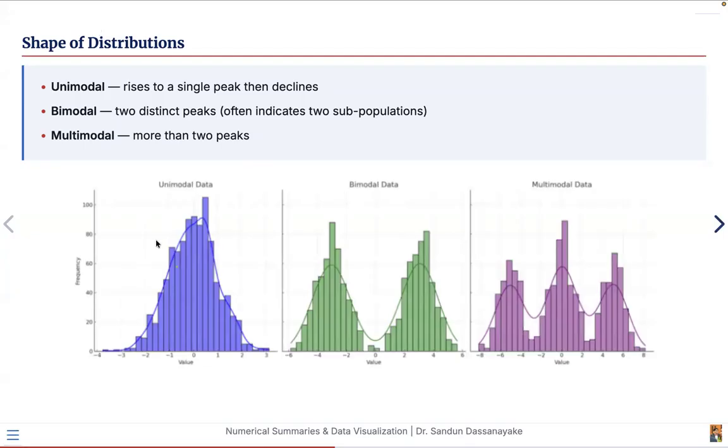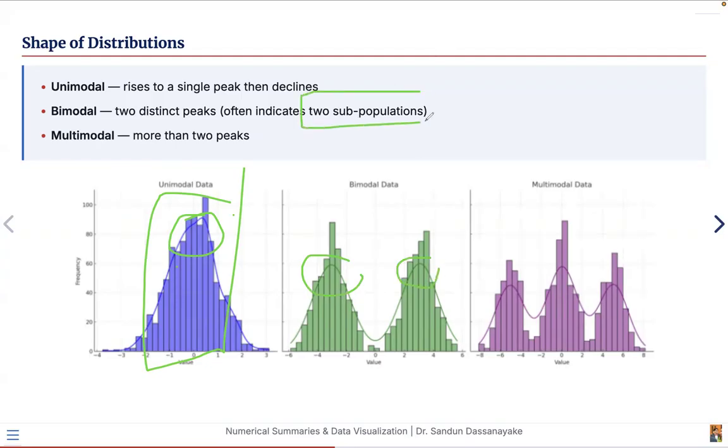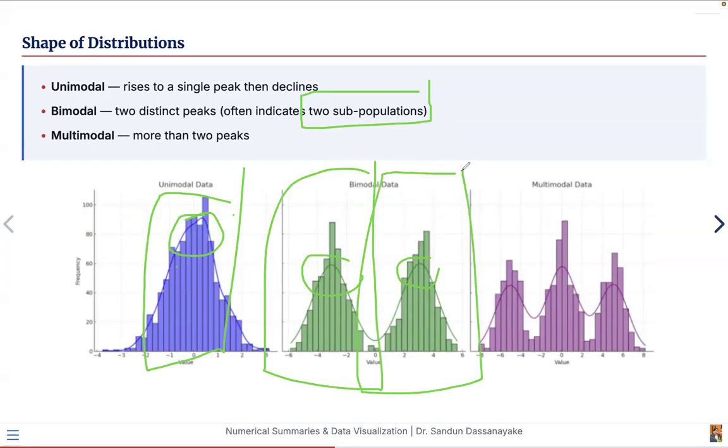This is a unimodal distribution, with only a single peak. In the case of bimodal data, you can clearly see two peaks, indicating two subpopulations, two classes of your data. In the multimodal case, you have multiple subpopulations.